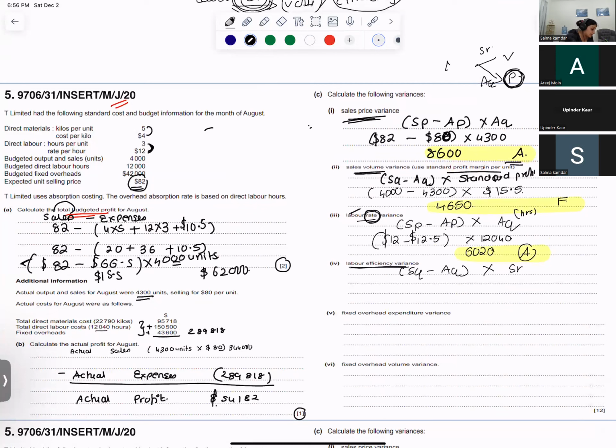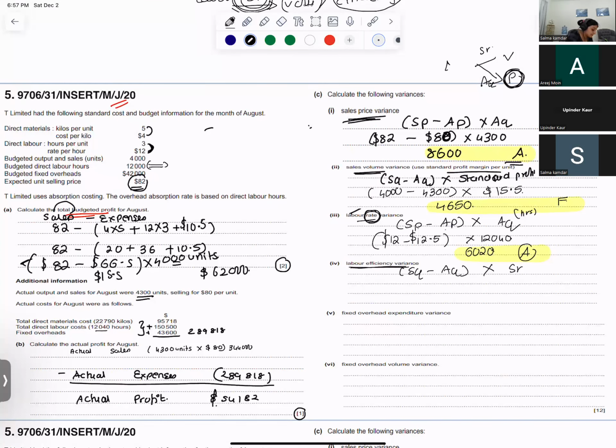What is standard quantity? 12,000 labor hours.